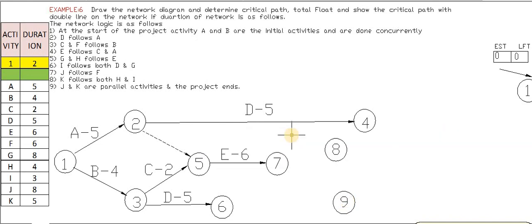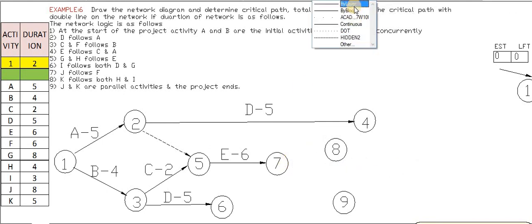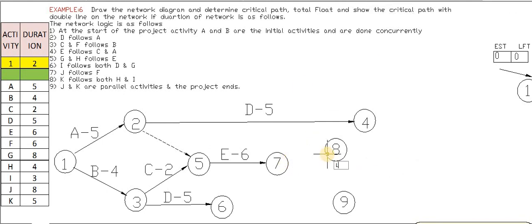Okay. Next we will draw the arrows for this. G and H. What about the durations for G and H? So G is having a duration of 8 and H is having a duration of 4.